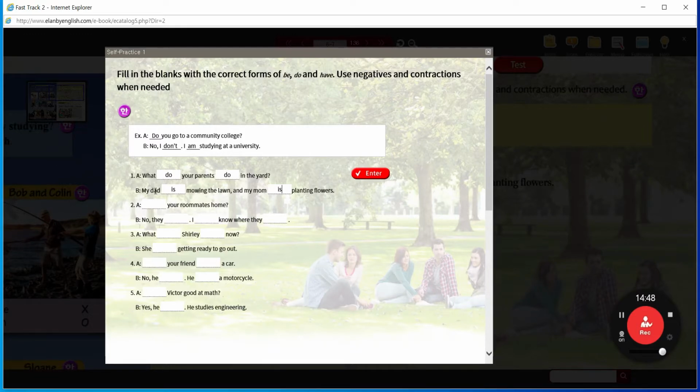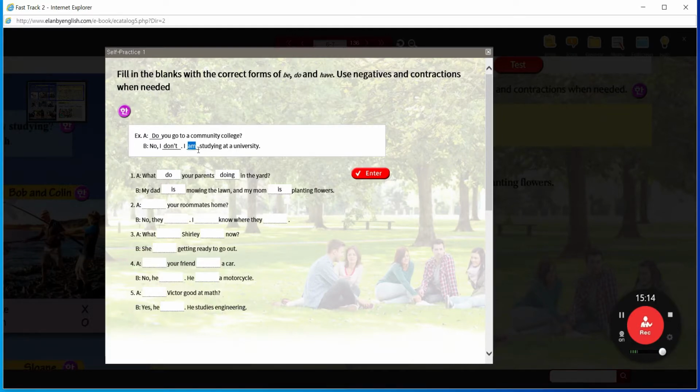Okay. Now, my answers here are incorrect. If the verb is ing here, then it must be ing for the question. Okay. We use the do verb for actions, yes, in the present tense, but we're talking about the present progressive.